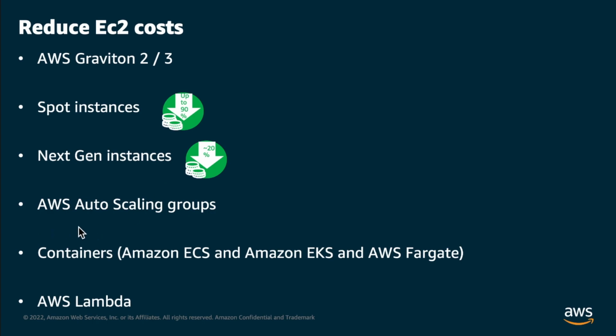Another option for you is to use auto scaling groups, so that you only have the amount of resources running that are really required. So if you have times that you need more resources in parallel, like you need to do horizontal scaling, then the auto scaling group is going to scale for you based on some metric, application metric, or CPU, for example, memory.